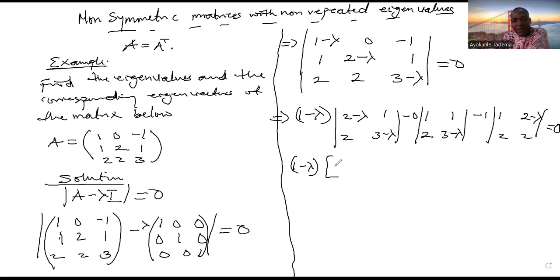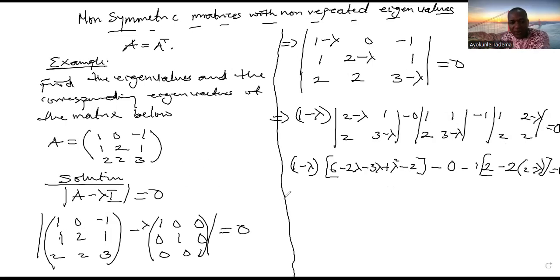Open bracket: this one multiplied by this, we have 6 minus 2 lambda minus 3 lambda plus lambda squared. Minus 0, which multiplied by anything is 0. Minus 1 into this one multiplied by this, 2, minus 2 multiplied by the other one, 2 minus lambda. Everything is equal to 0.